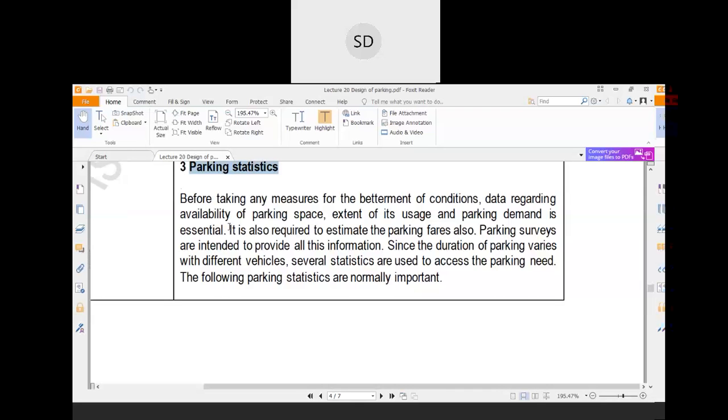If there are parking facilities, you need to find out whether the vehicles can be parked over there. Now demand: suppose there is parking space for 5 vehicles, and you have observed there are already 10 vehicles over there, so here demand is very high. So how can you overcome this situation? You need to find out through different data analysis.